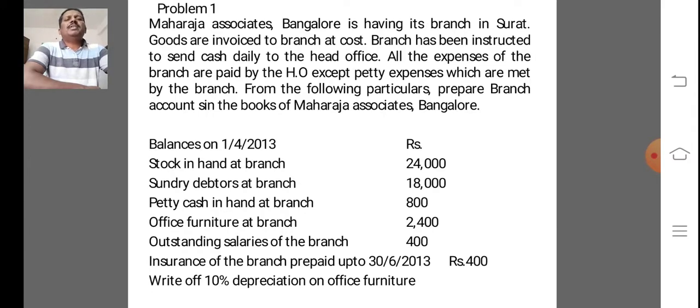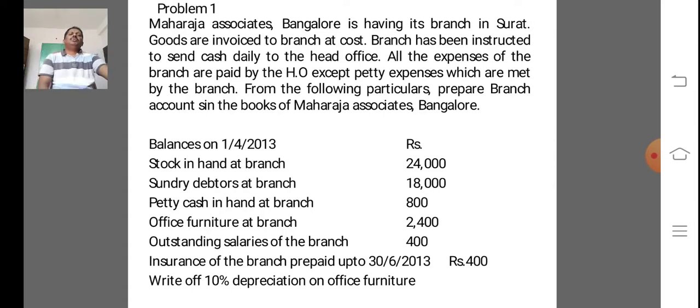All the expenses of the branch are paid by the head office except petty expenses, which are met by the branch. From the following particulars, prepare the branch account in the books of Maharaja Associates, Bangalore.